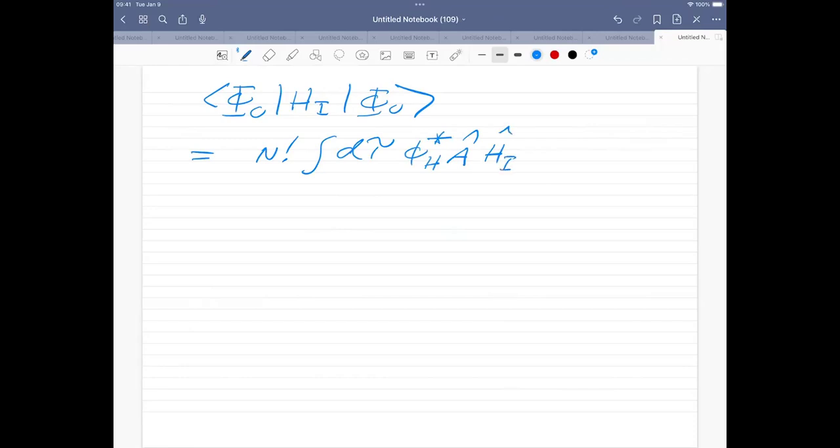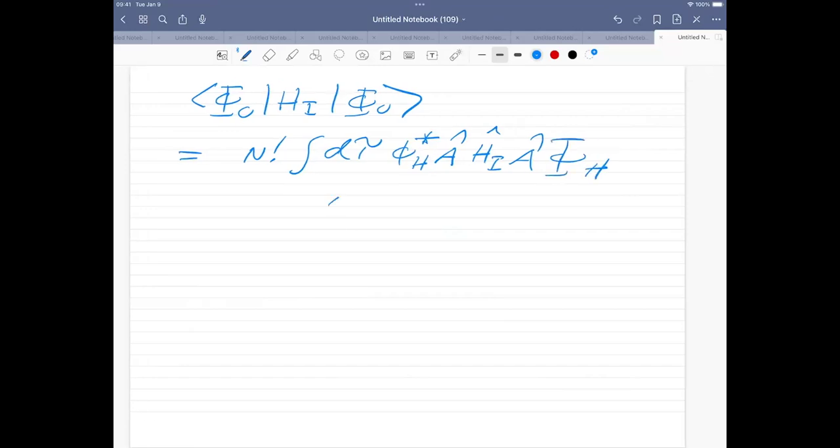And then we have H of I, and then phi of H. And if we do the same thing as we had before, we have made the assumption that these guys commute. You can actually prove that if you assume that symmetry, which we said. And then we're also assuming that this A squared is equal to A.